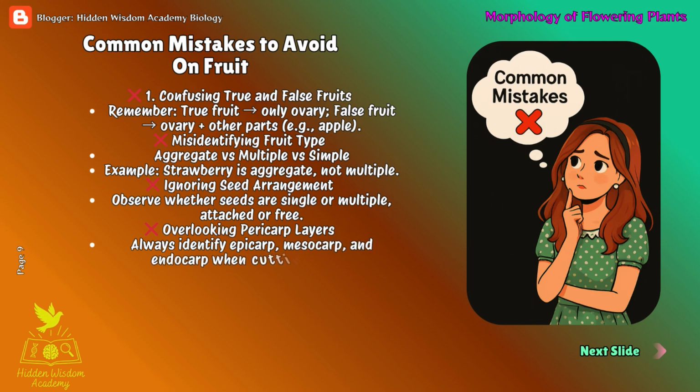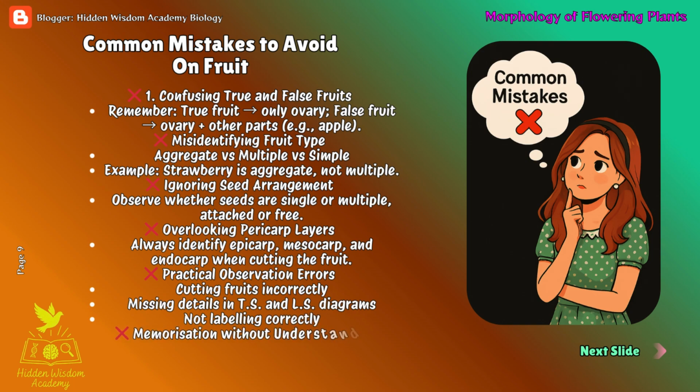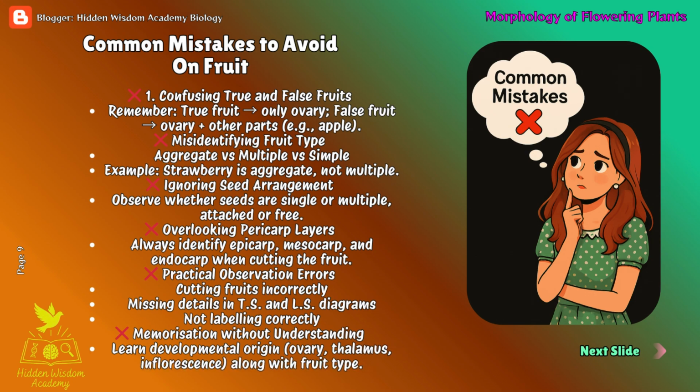Always check if seeds are single or many, and how they are attached. Fourth, forgetting the pericarp layers, epicarp, mesocarp, and endocarp must be observed in practicals. Fifth, mistakes during practicals, cutting fruits the wrong way, missing details in diagrams, or mislabeling. Finally, don't just memorize names, understand how the fruit develops for better retention and exam preparation.